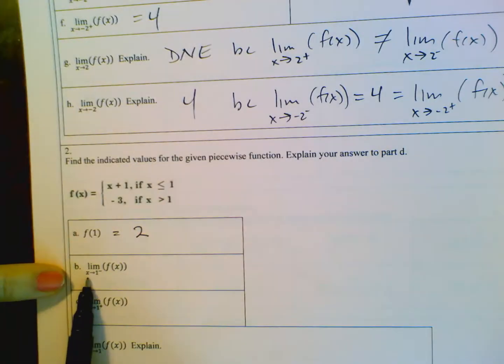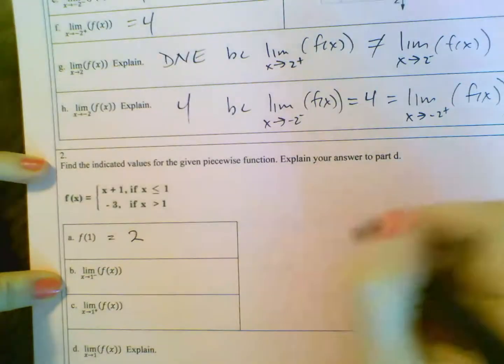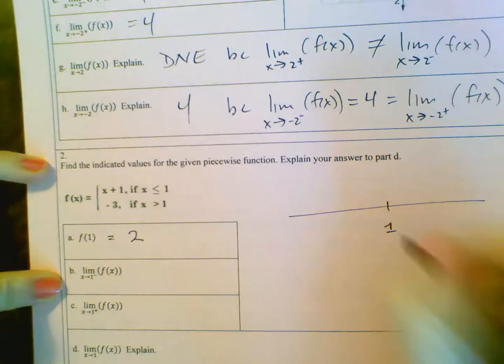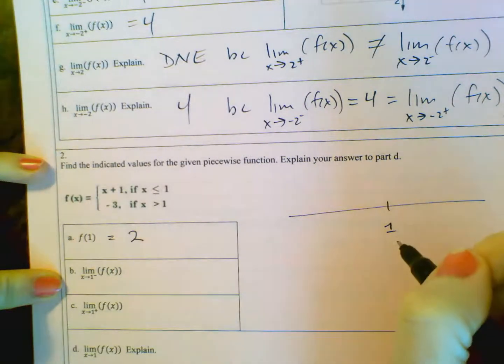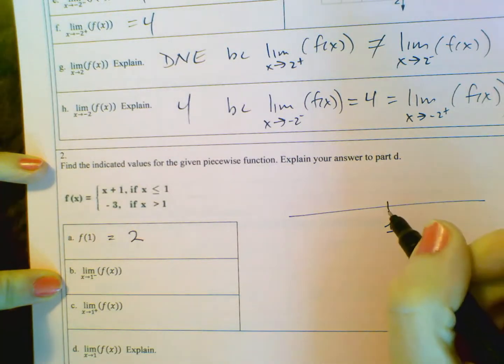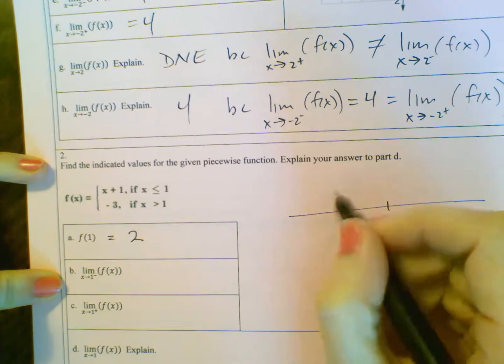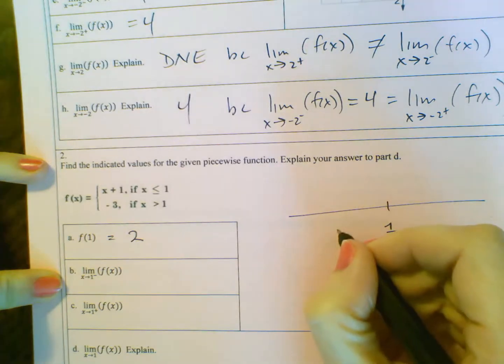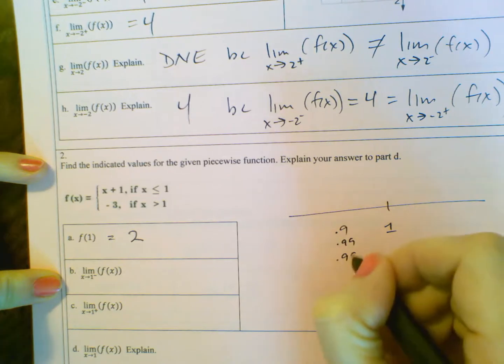The limit as x approaches 1 from the left. Here I'm thinking of 1 the whole time. Numbers to the left of 1 would be like 0.9, 0.99, 0.999.